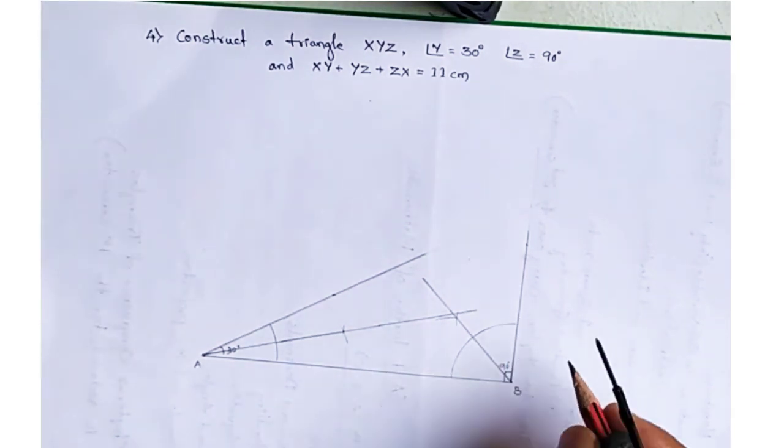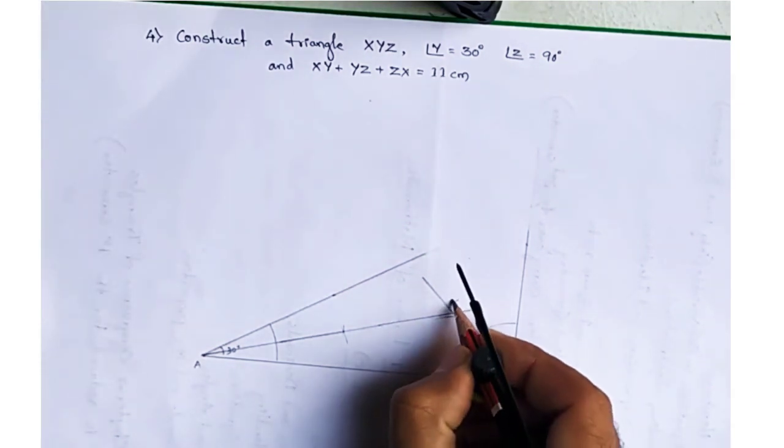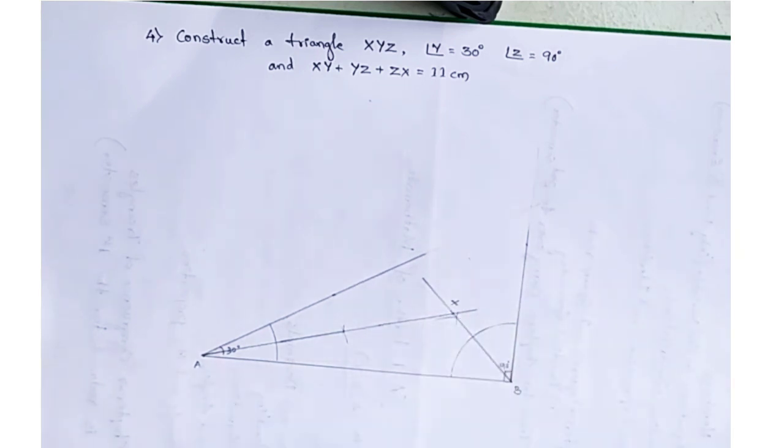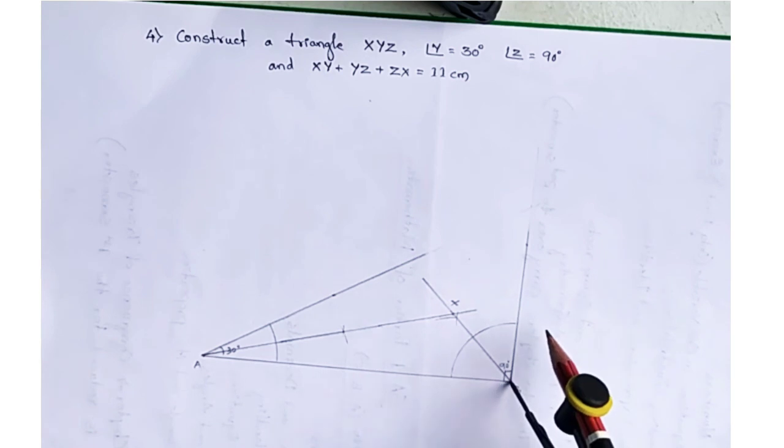Name it as X. So this point gives us X. Now from XB and XA, make the perpendicular bisector.